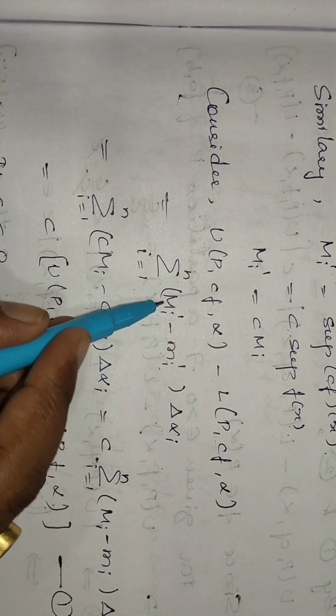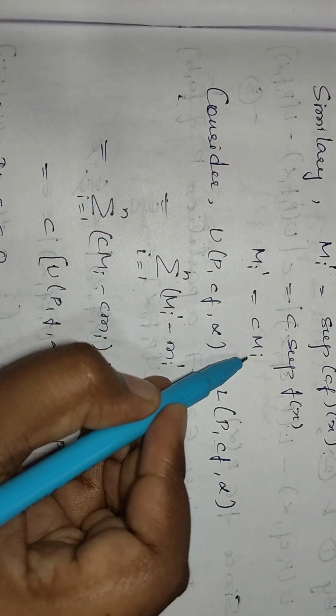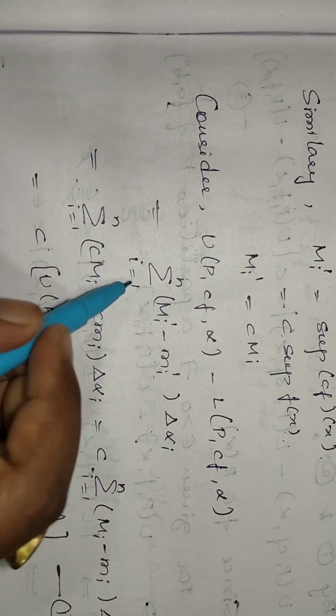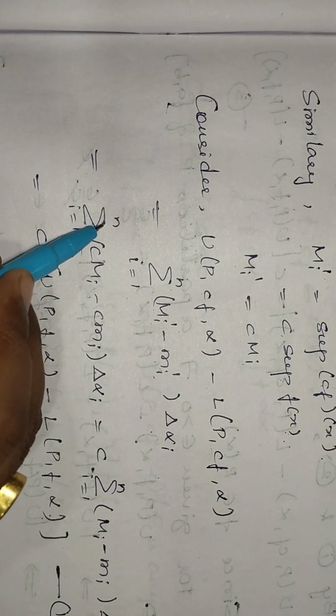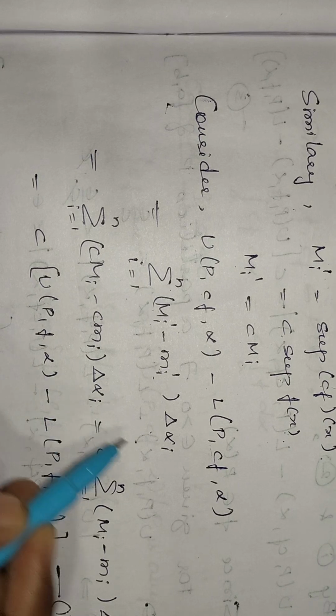In place of Mi dash and small mi dash I will write c capital Mi and c small mi. So here I have summation i equal to 1 to n of (c Mi minus c small mi) into delta alpha i.